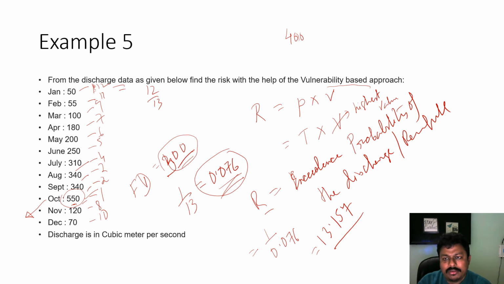So always remember, a higher discharge or higher rainfall will always have a lower probability, but its return period will be higher, and so will be its risk. It is common sense. Again, a lower discharge will have a higher probability, but a lower return period, and a lower risk, right?